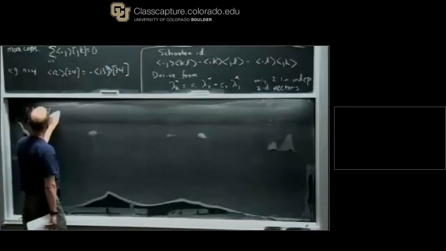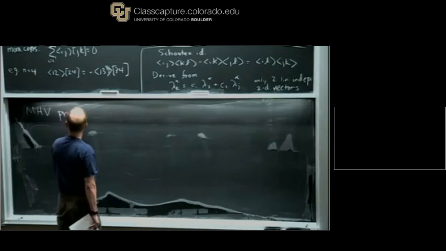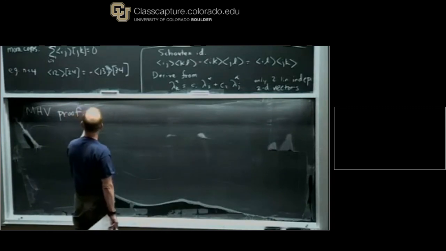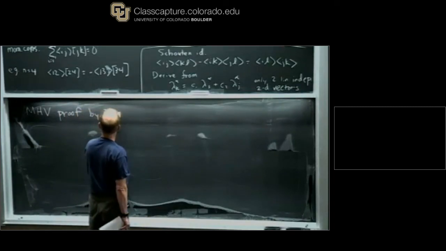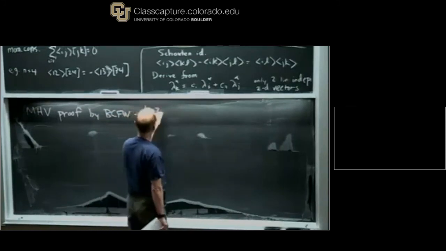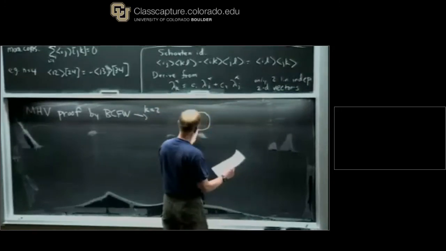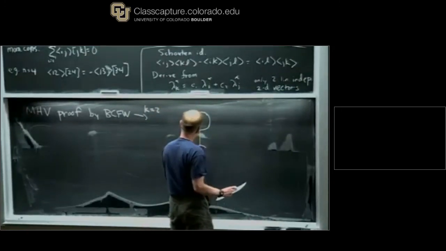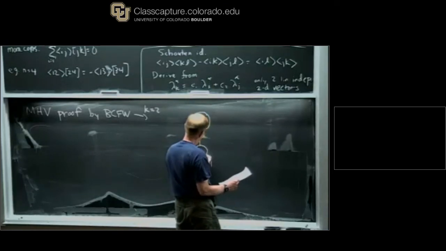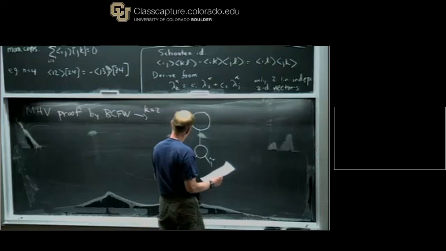So we're taking the MHV amplitude and we're trying to prove that it's true. There's only one diagram to evaluate, which is the k equals 2 diagram, where we have 1 plus hat, 2 plus.